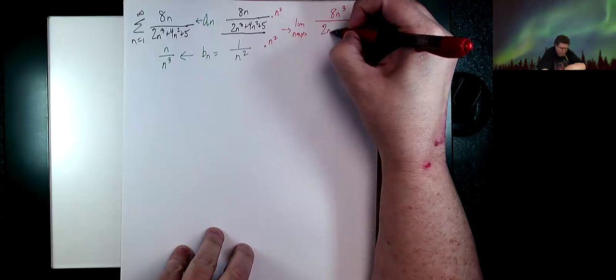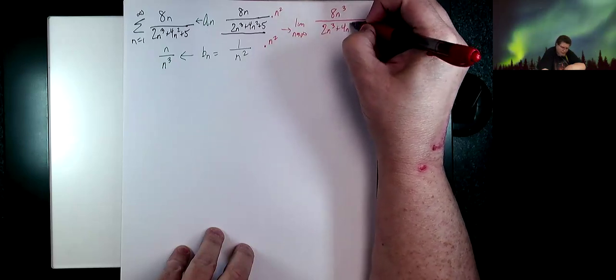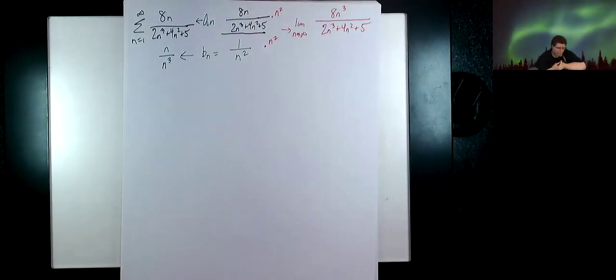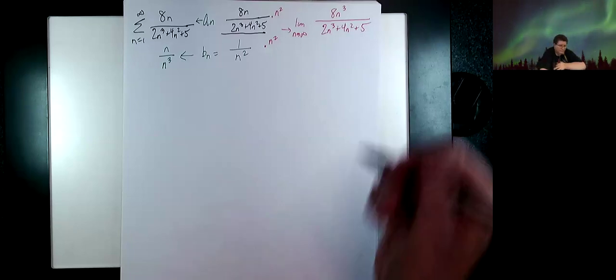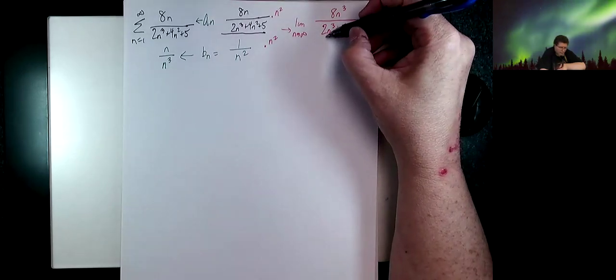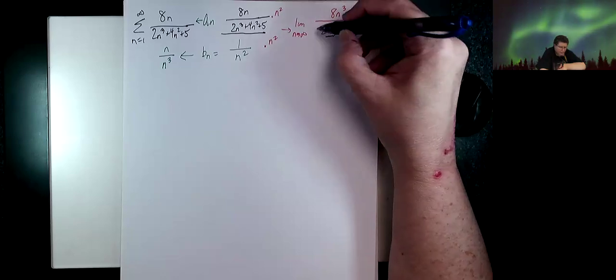And our 2n cubed plus 4n squared plus 5 doesn't change. And we'll multiply by 1 over the largest term on bottom.